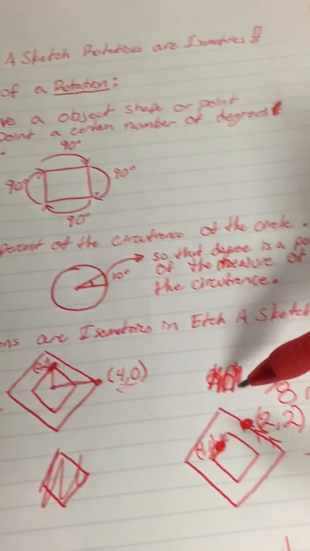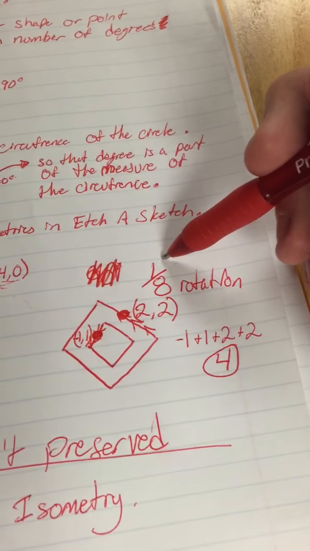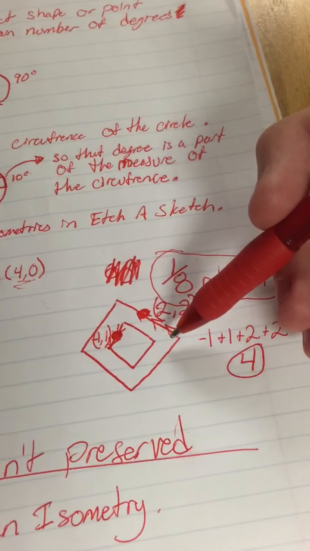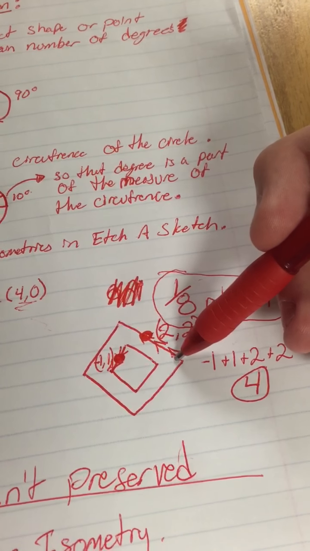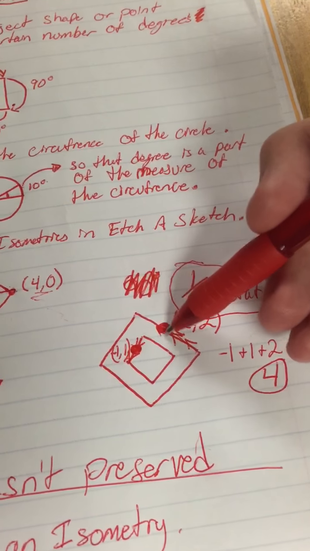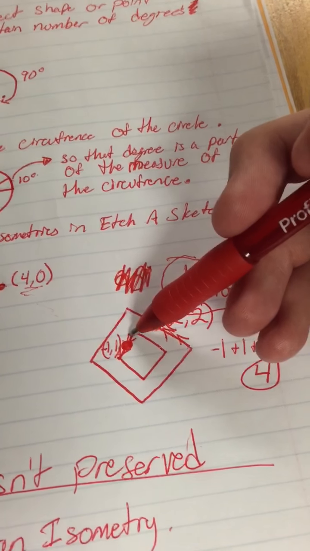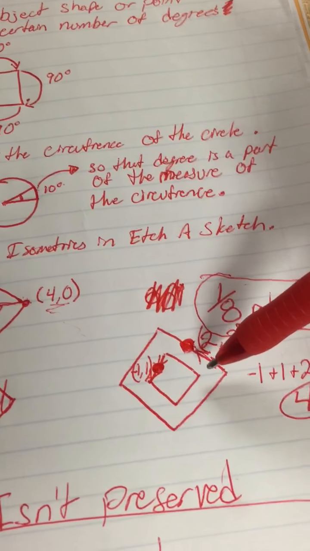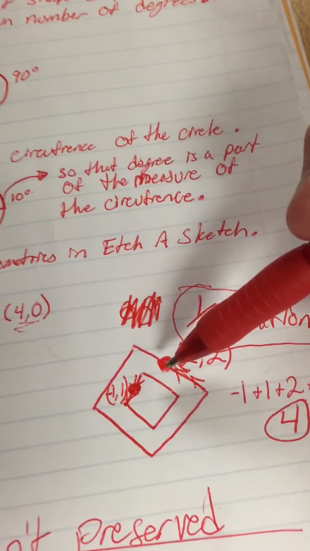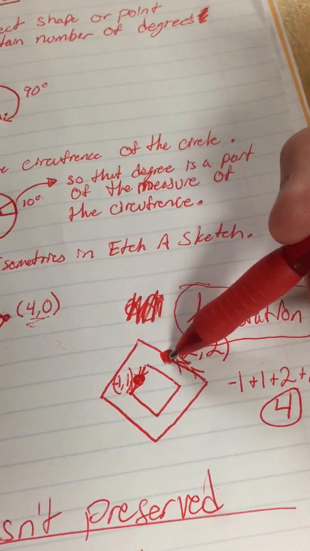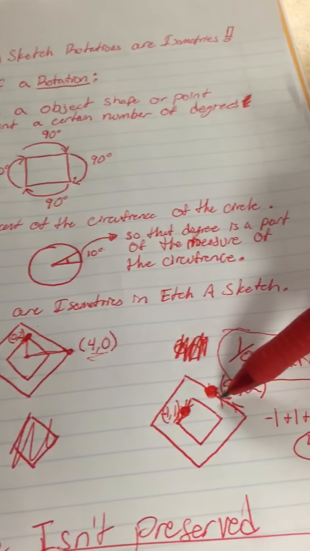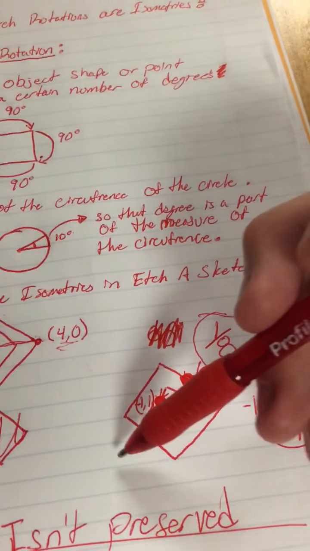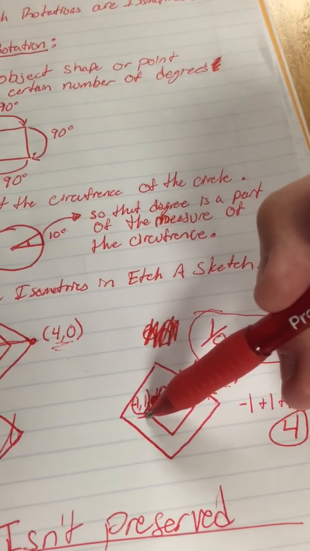Now, if we perform a rotation of 1/8 rotation, then we would be moving about halfway in between each of our circles, which, based on our definition of how to move and find our Etch-a-Sketch distances, means this point moves to 2, 2, and this one would move to -1, 1.